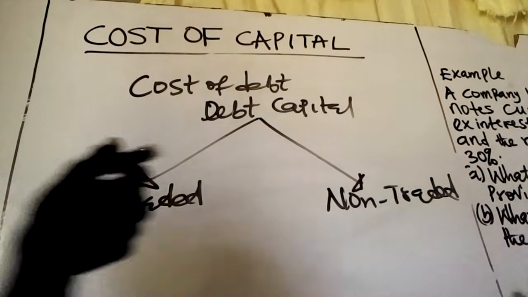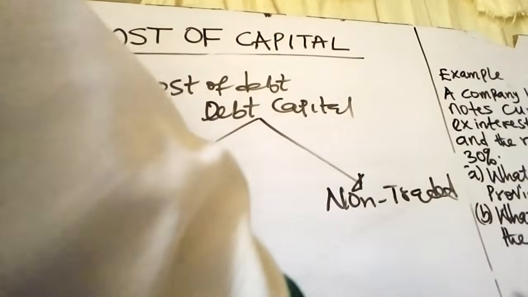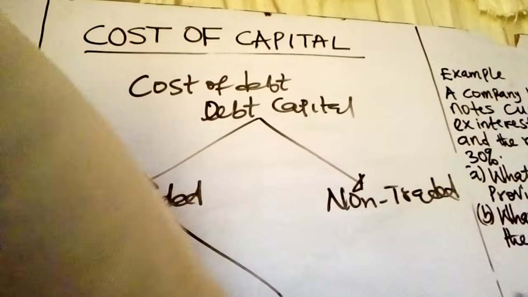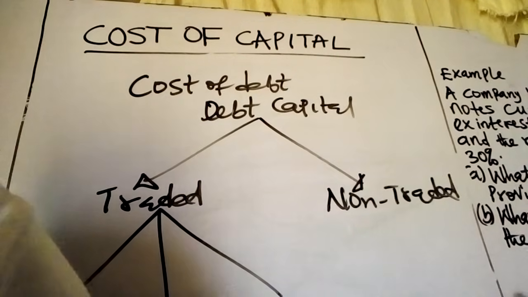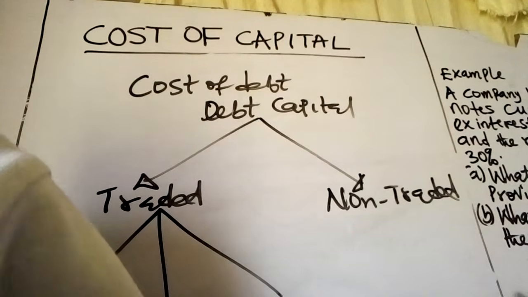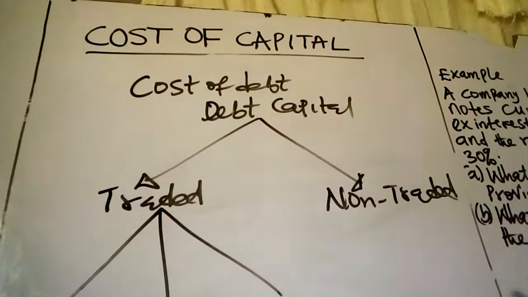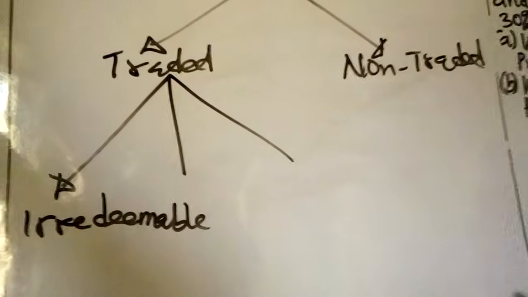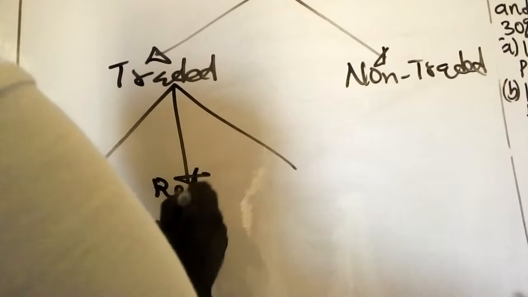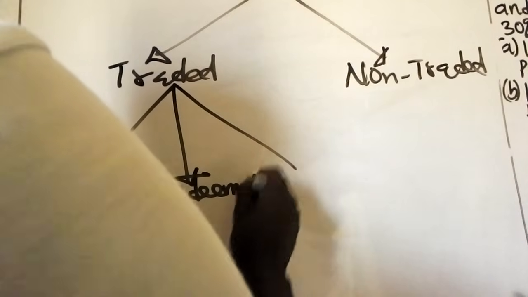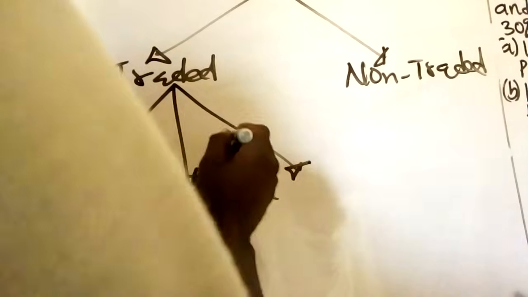For traded debt, we will categorize that into three. We have irredeemable, redeemable and convertible.